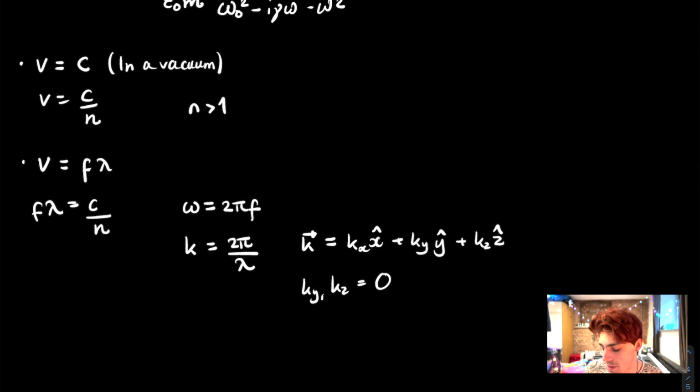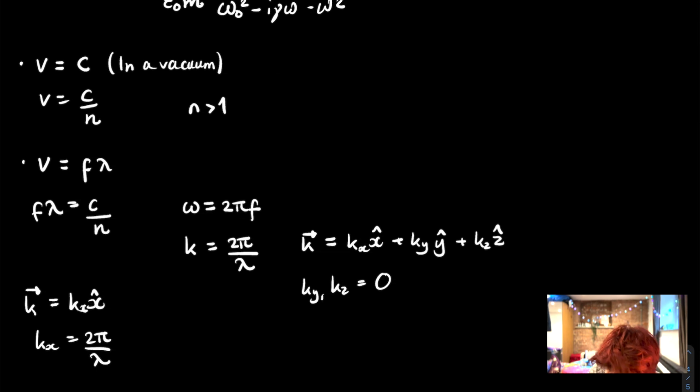And this we often do just for simplicity because it makes the maths a lot easier to consider a wave just propagating along one of the axes. So we're going to say that k is equal to kx in the x hat direction. And of course we said that kx is equal to 2 pi divided by lambda right there.